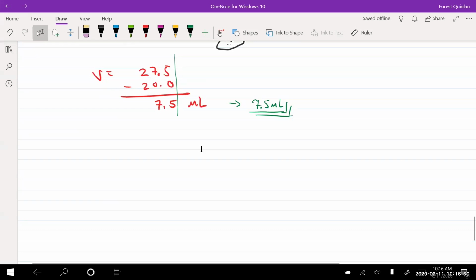Now, you can do mass by direct measurements. You can also do mass by difference. So in the case of liquids, when you can't just pour a liquid onto a balance, you're going to have to figure out how much something weighs. So I want to discuss weighing liquids.